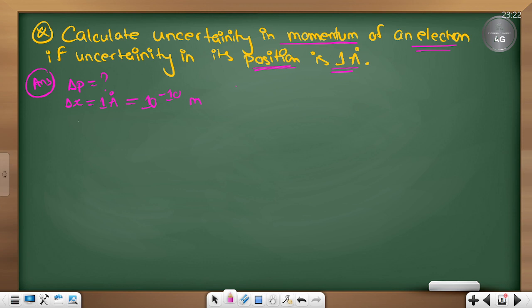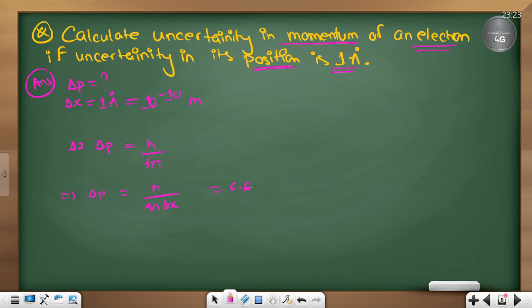Now, for delta x and delta p you have h, and 4 pi you already know. Which equation are you using? Delta x into delta p greater than or equal to h by 4 pi, but we will not use the greater than. So ultimately delta p equals h by 4 pi delta x.